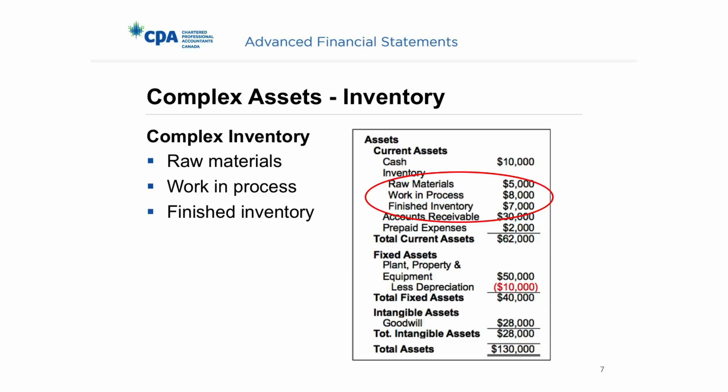You have work in process, which would be the cost of the material plus any labor working on that material. And then finished goods, where you have finished the goods, so it includes the raw materials and work in process, and those finished goods are complete but not yet sold to the client. So you're sitting on that finished inventory.